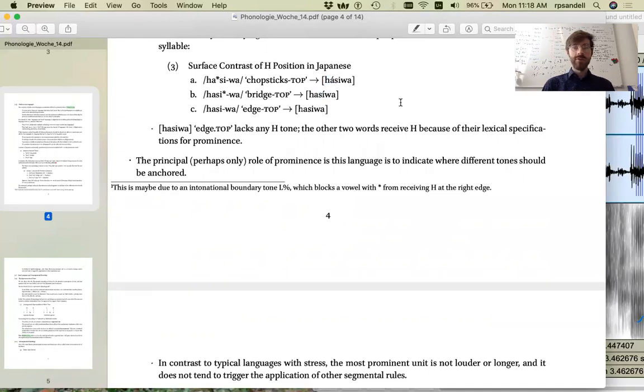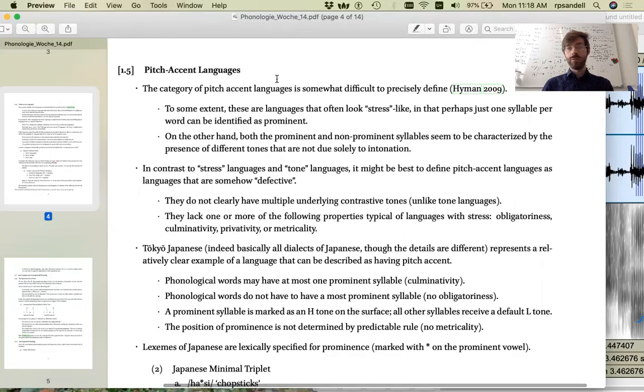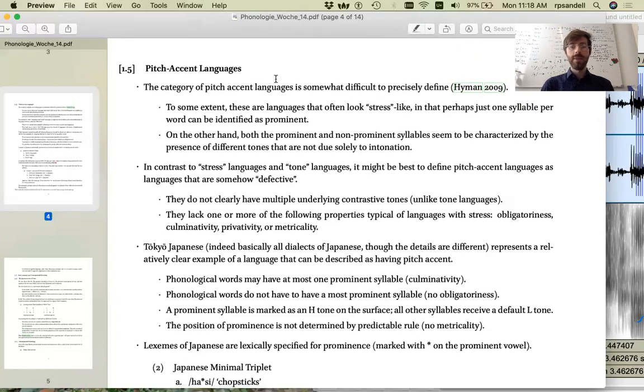And also in contrast to English, where for instance unstressed vowels are subject to some kind of reduction, shortening, centralization, other segments in Japanese don't seem to undergo any phonological processes because of the position of prominence. So this allows us to see some kinds of differences in behavior between prominence in a pitch accent language versus prominence in a language that can be described as having stress.